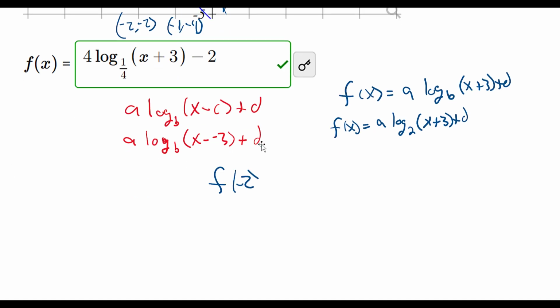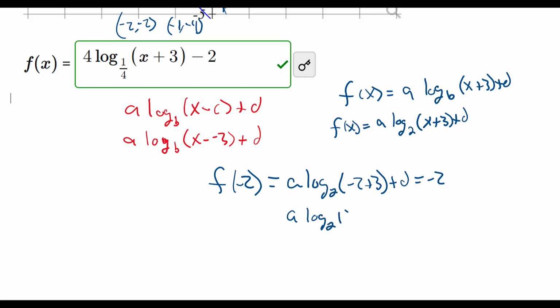F of -2 is A log base 2 of (-2 plus 3) plus D, and that's going to be equal to -2. So A log base 2 of 1 plus D is -2.